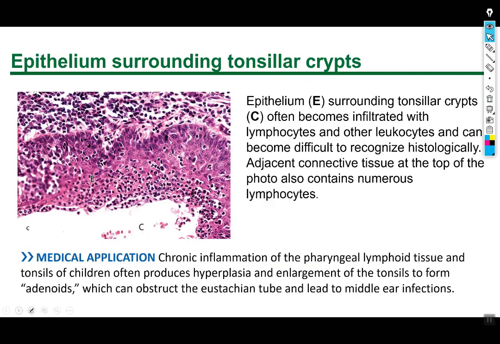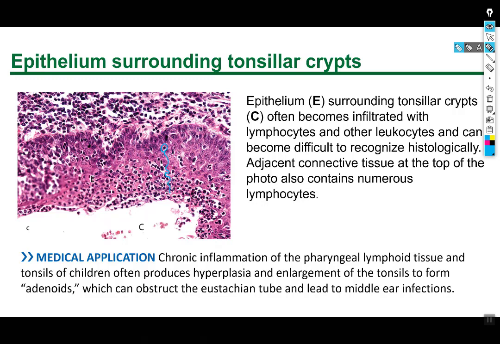So the epithelium surrounding the tonsillar crypt, accordingly, can become difficult to recognize because the surrounding lymphocytes kind of migrate inward, and that's what you're seeing here. So you see these little cells with the clear cytoplasm around them sort of making their way through the epithelium and ending up embedded within it.